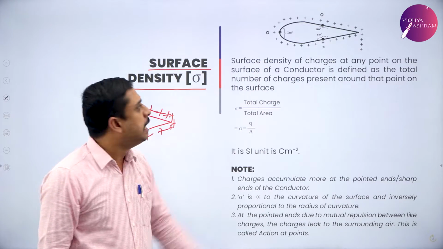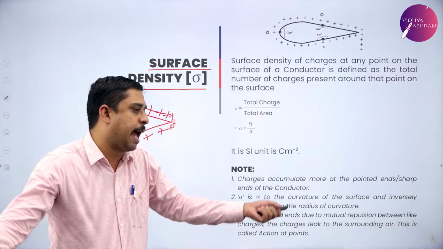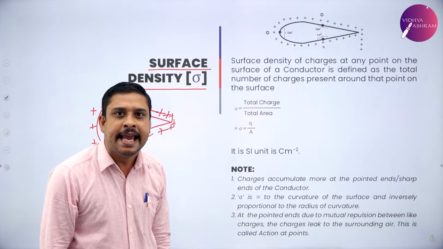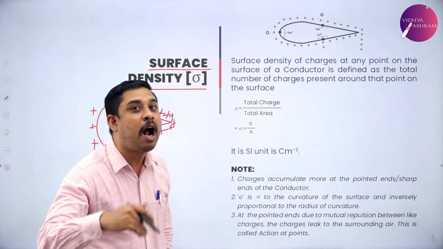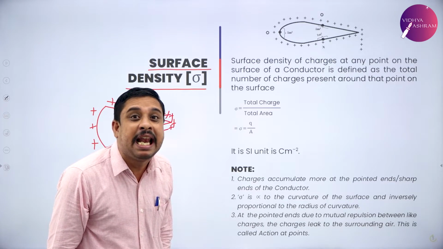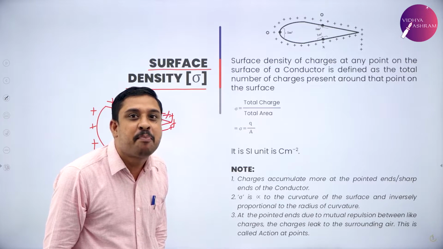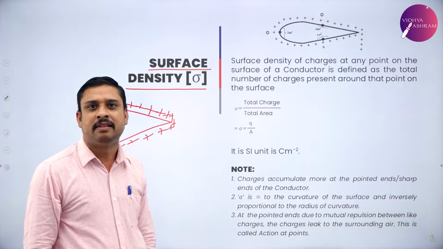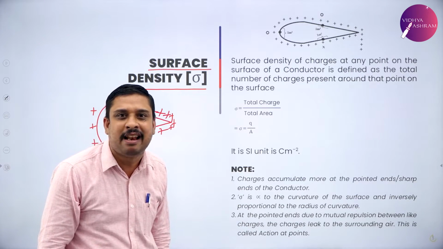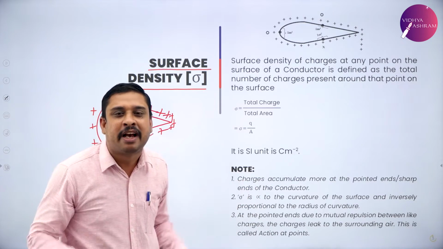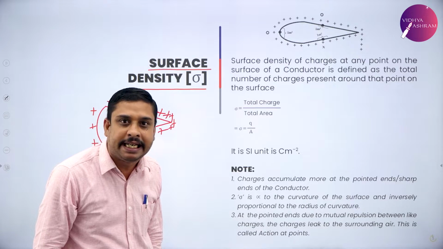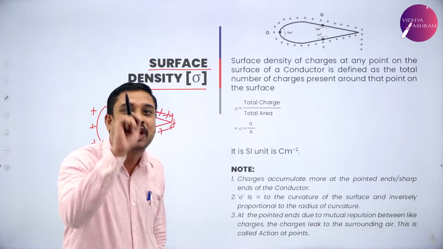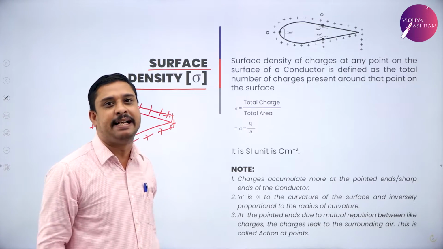No. Can I call it a sphere? Absolutely no. Is it a prism? No. Therefore, what will I call? Irregular shaped conductor. It doesn't have regular geometry. Therefore, I call it as irregular shaped conductor.